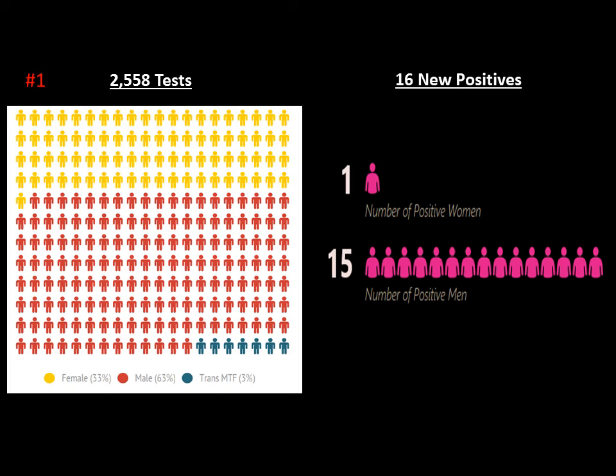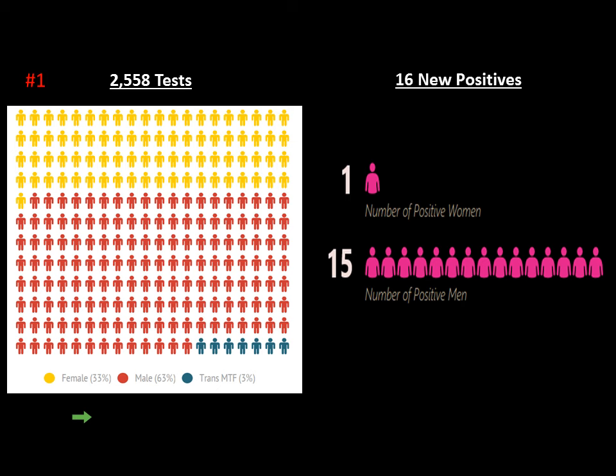So I've just got a couple of examples that we shared. This is for one agency that administered over 2,500 tests in one year. On the left, you have the data for their total tests, which shows 33% of their tests were to female and 63% were to males.